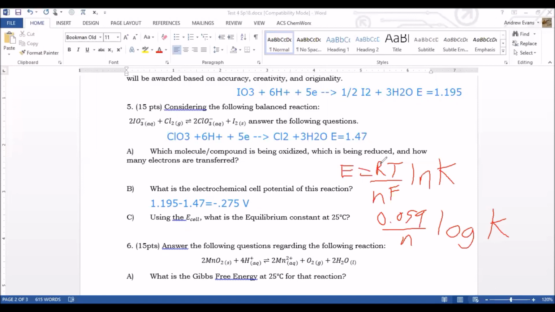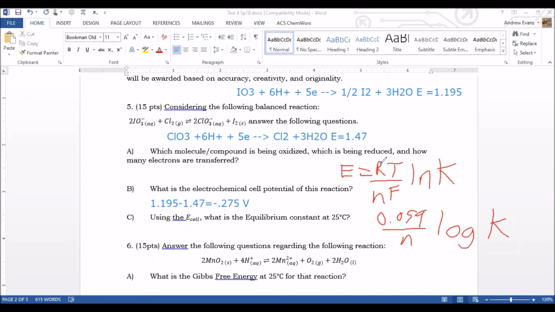So negative 2.75 times the moles. Based on the balanced equation, there are 10 electrons. So times 10, times Faraday's constant, 96485, divided by R, divided by temperature 298.